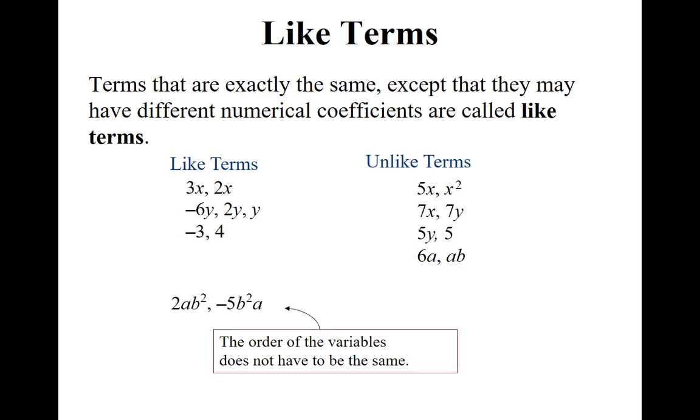The order of the variables does not have to be the same. So for instance, 2ab squared and negative 5b squared a, those actually would be like terms. They both have a, they both have b squared. The order doesn't matter because order doesn't matter when we multiply.